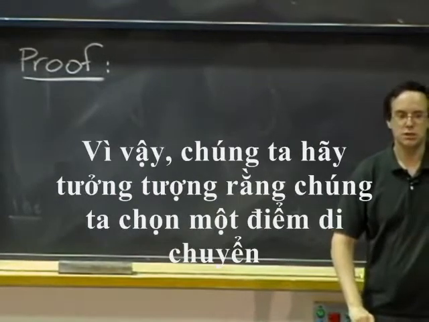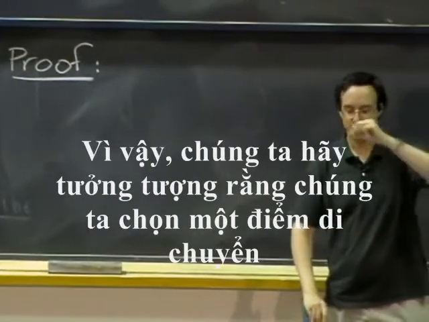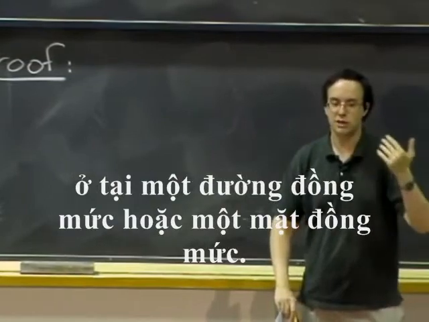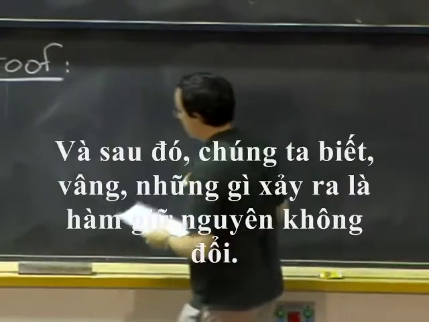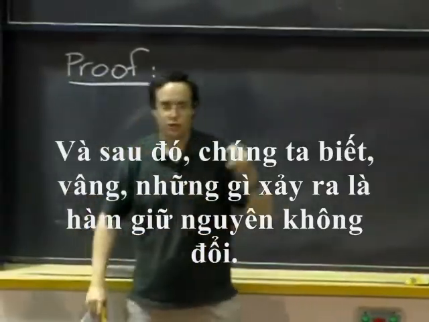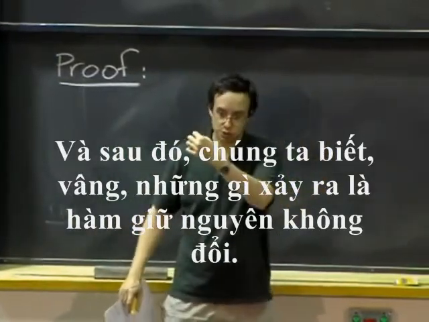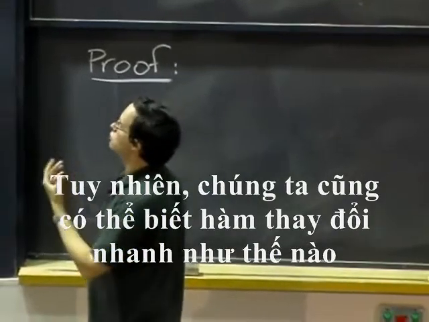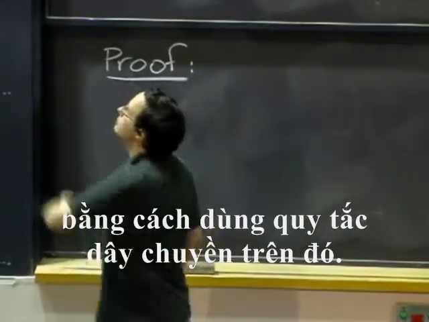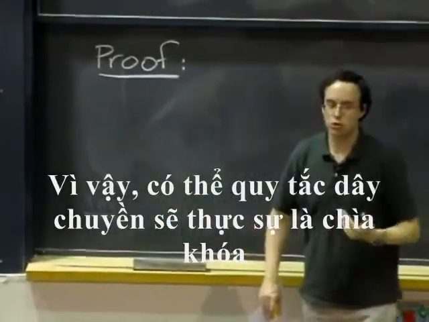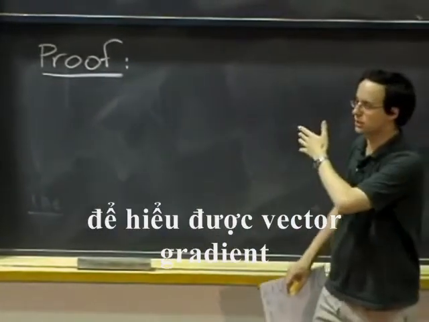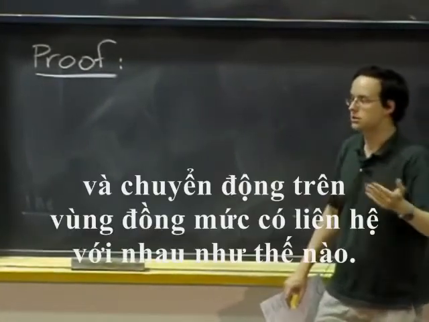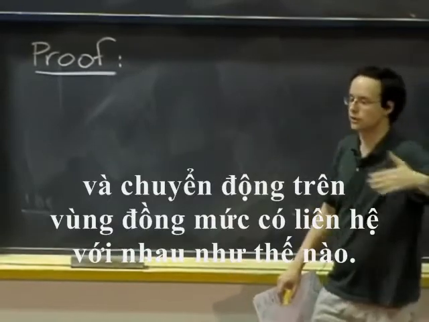Okay, so let's imagine that we are taking a moving point that stays on the level curve or on the level surface. And then we know, well, what happens is that the function stays constant. But we can also know how quickly the function changes using the chain rule up there. So maybe the chain rule will actually be the key to understanding how the gradient vector and a motion on the level surface relate.